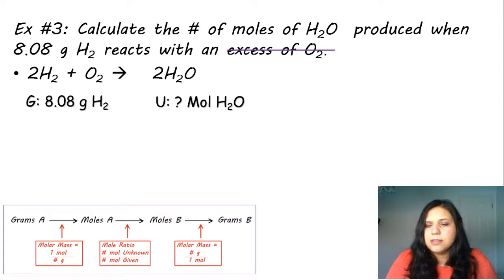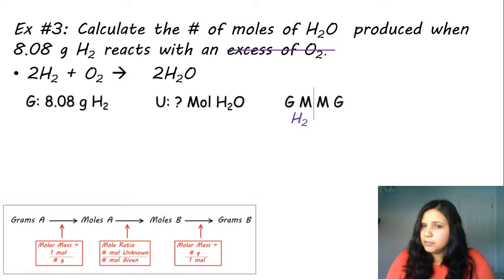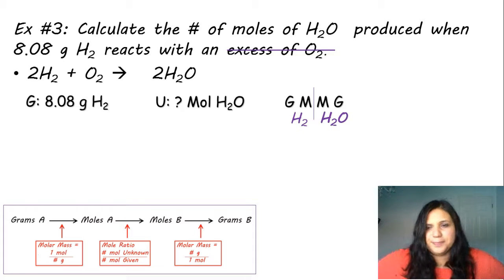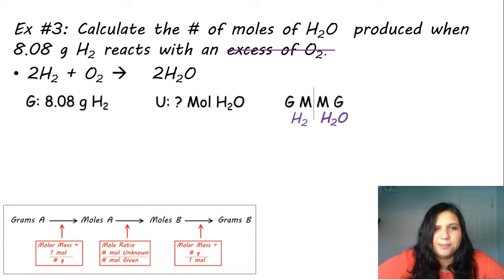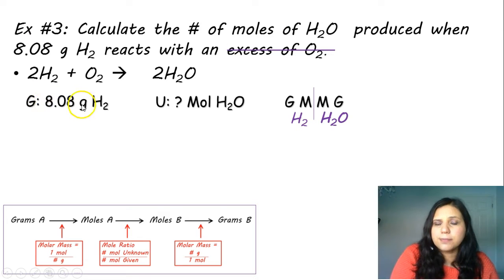All right. And then the number of steps. Gram, mole, mole, gram. Remember that half of it belongs to the given hydrogen. The other half belongs to the unknown water. Okay. Let's see how many steps though. So we're starting with gram. So it's right here. We want to get to moles of water, not hydrogen, but water.